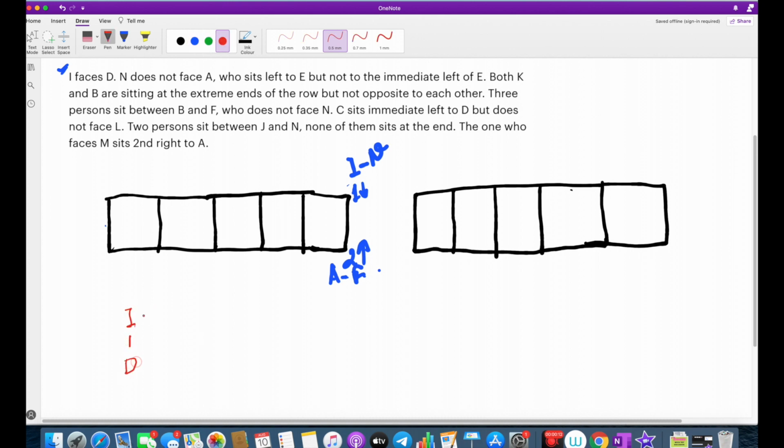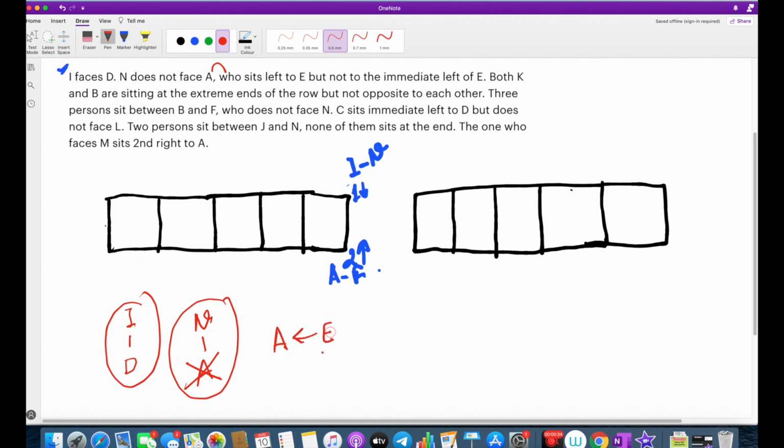I faces D. Then N does not face A. Who sits, which means A sits left to E but not to the immediate left of E.